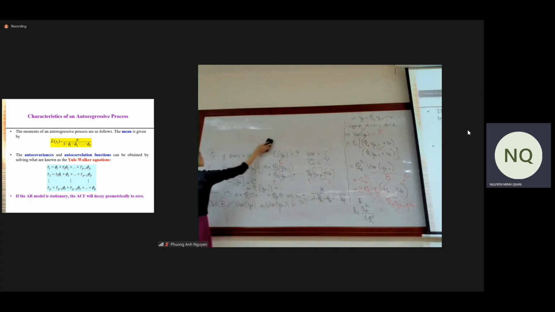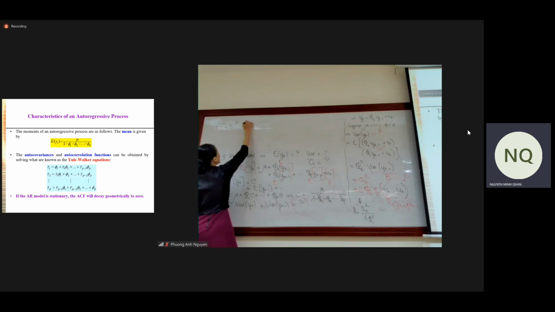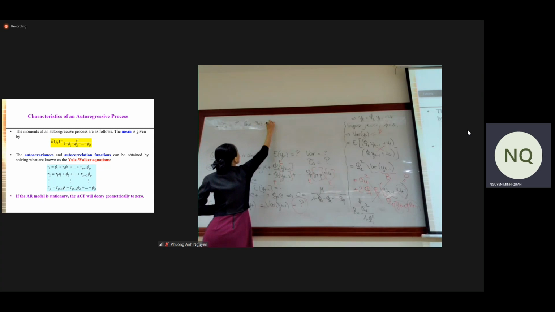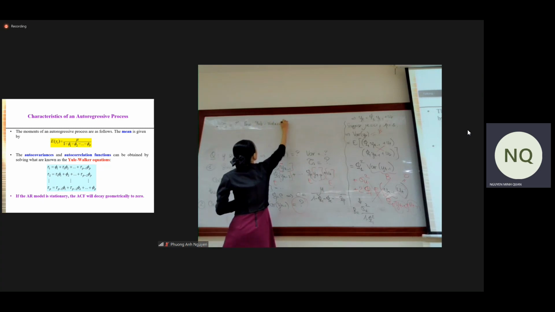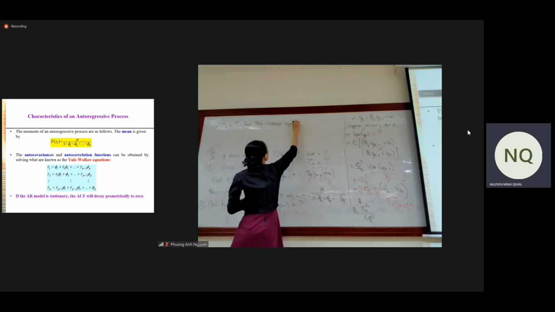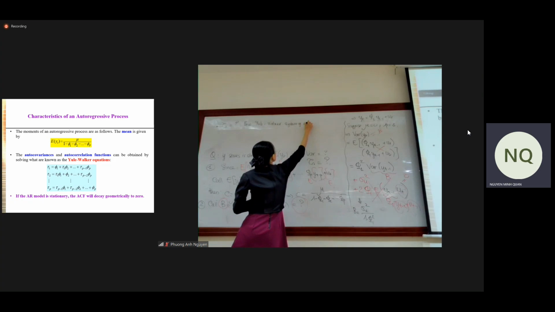Autocorrelation coefficients. Next, I would like to look for the tau, so I would like to prove the Yule-Walker system of equations.